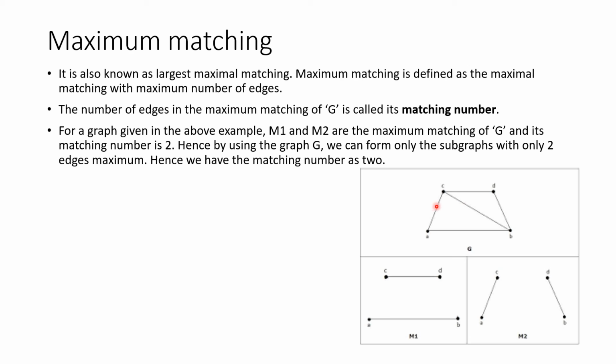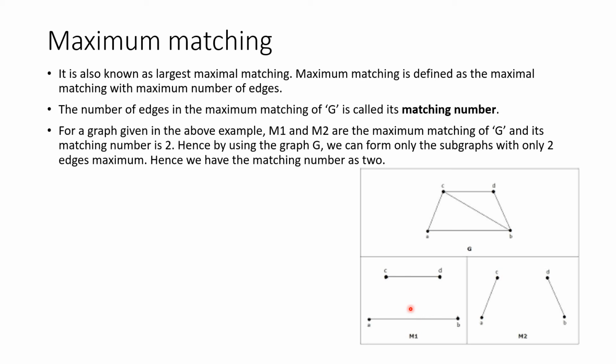So when you are given this, you have to check how many edges the maximum matching can have. Suppose I have this with five edges like this; the matching graph which can have the maximum edges has 2. So these are the maximum matchings. The number of edges in the maximum matching graph is called the matching number.